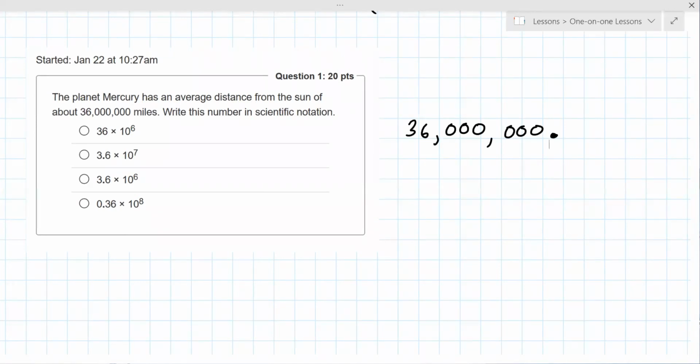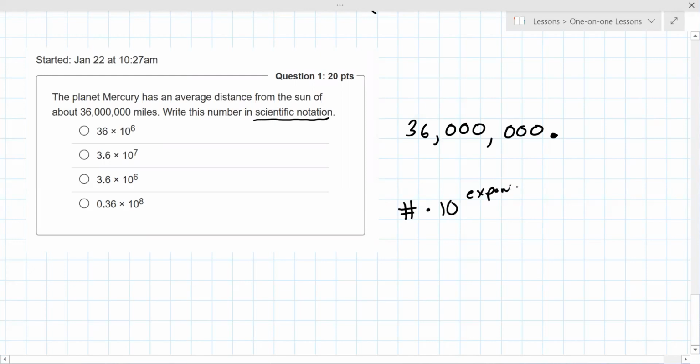The first thing to do is to count the number of places that you need to move the decimal. A number in scientific notation has two parts. It has a number times 10 to an exponent. This number has to be between 1 and 10.